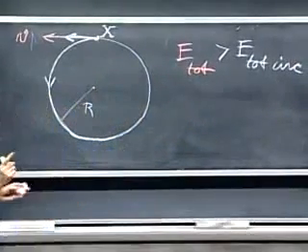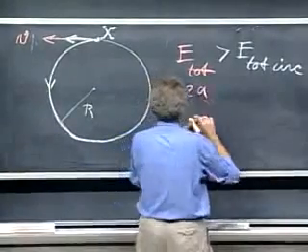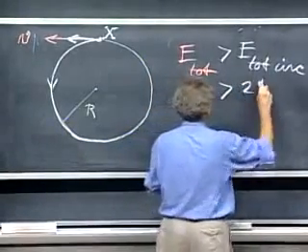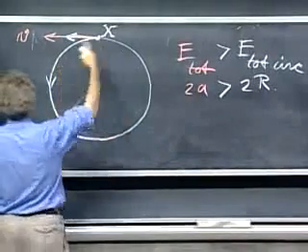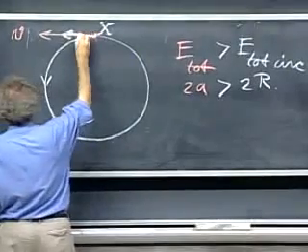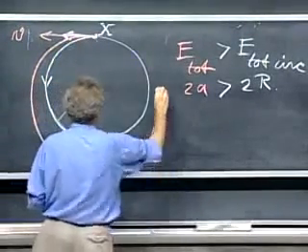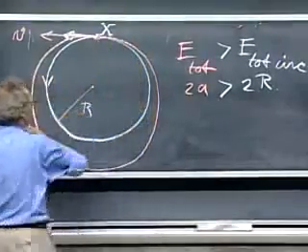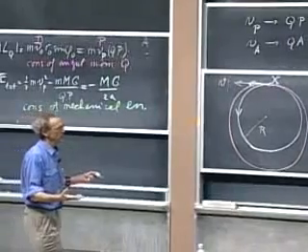But if that's the case, then clearly 2a must be larger than 2r. I now go into an elliptical orbit because the new velocity is no longer the right velocity for a circular orbit. And so I'm going to get an elliptical orbit, like so, whereby 2a must be larger than 2r because my total energy is larger.